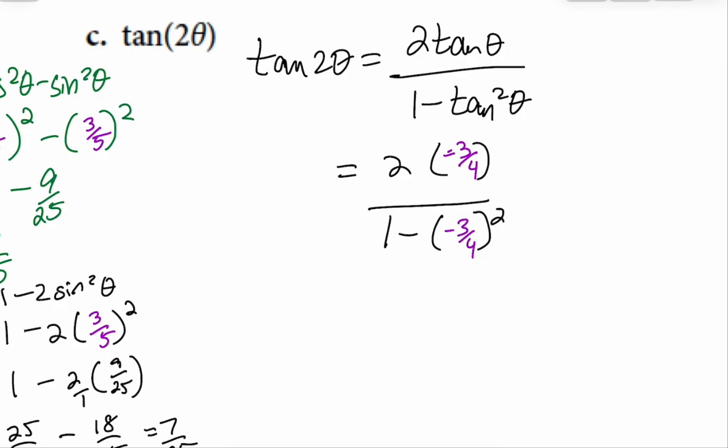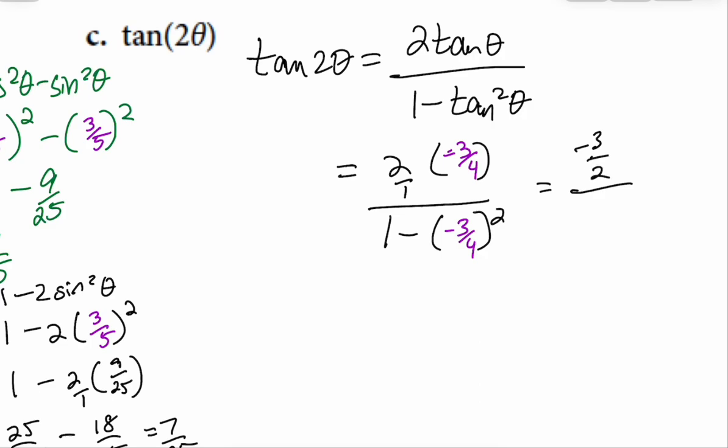Okay, so anyway, let's take a look at our top. To multiply the negative 3/4 times the 2, it'd be 2 over 1. So we would get negative 6 over 4, which can reduce because 2 and 4 are both divisible by 2. So we can make that a 1 and a 2. And so on top, we get negative 3 over 2.